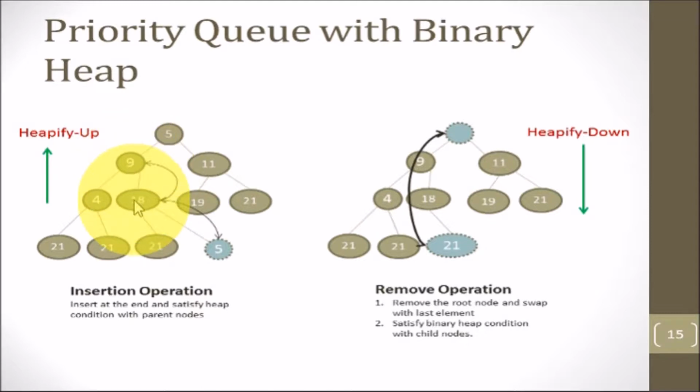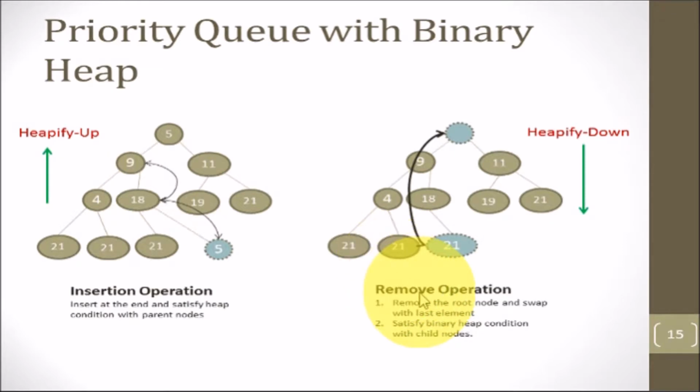Again 9 is greater than 5, so it will swap, and then finally 5 has a parent which is lower, so it will not swap further. So at any time of execution, the priority queue will maintain the heap condition throughout the list.